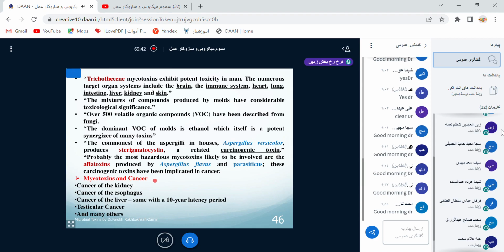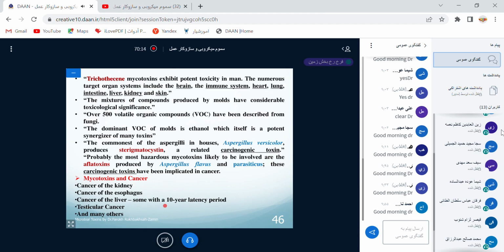In those people who mostly have mycotoxins present in their bodies, especially aflatoxin, they can develop cancer. Which cancers? Cancer of the kidney, cancer of the esophagus, cancer of the liver, and some with a 10-year latency period.